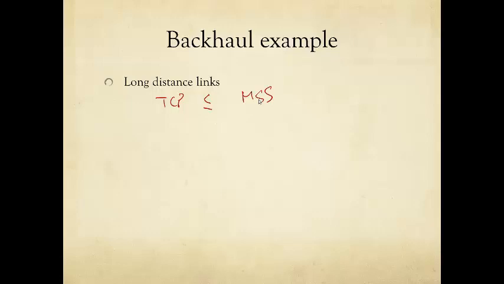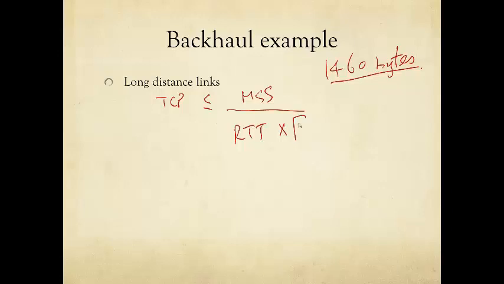Okay, so maximum segment size, which is fixed for TCP/IP at 1460 again bytes. Okay, over round trip time times square root of p, where p is the packet loss rate.